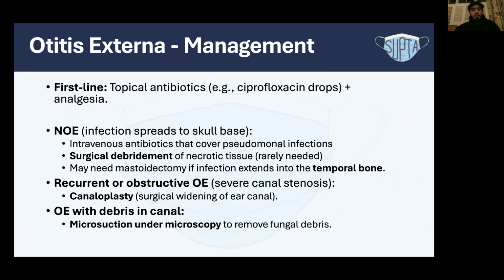So what we need to do is widen that canal up, and we do a canaloplasty, which, like I said, is widening the ear canal. And in fungal cases, they can have some debris there, which we can suck out using microsuction.